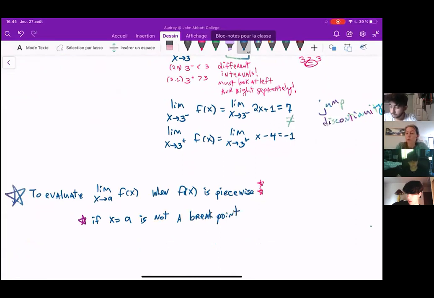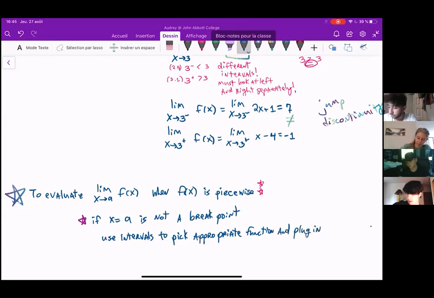If it's not a breakpoint, we used our intervals to pick the appropriate function and plugged in. If x equals a is a breakpoint, we evaluated the left and right-handed limits separately.